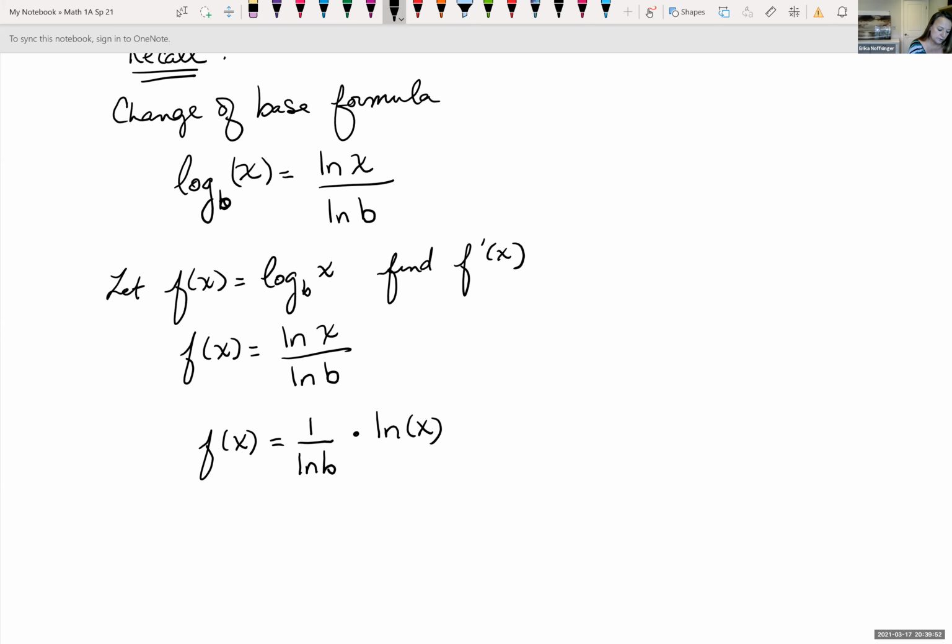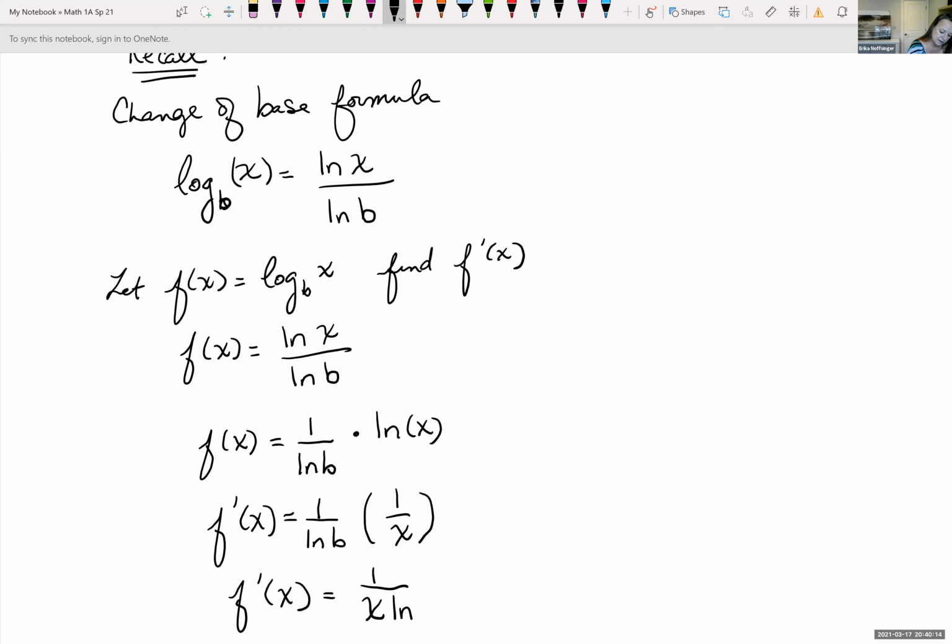When we take the derivative, it's just the coefficient times the derivative of the natural log, which we just found was 1 over x. So the derivative is going to be 1 over x times the natural log of b.